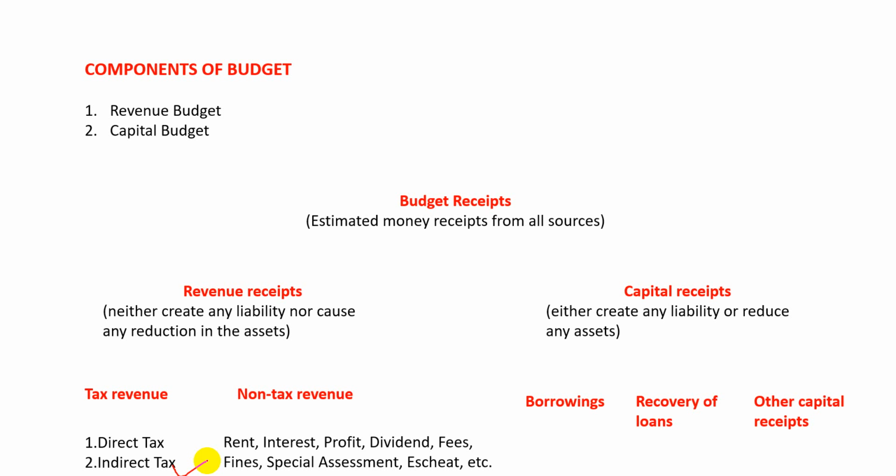Indirect taxes affect the income and property of persons through their consumption expenditure, such as sales tax, excise duties, now GST. These affect the consumption expenditure. Higher the tax, higher will be the consumption expenditure, and lower will be the saving.